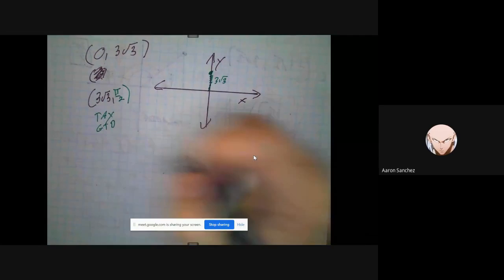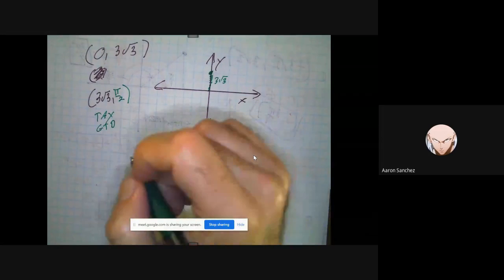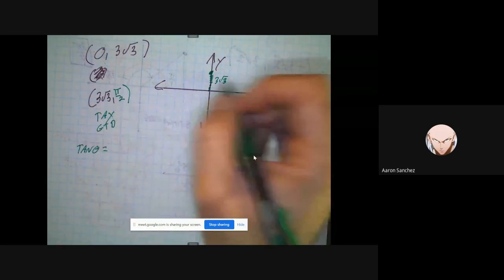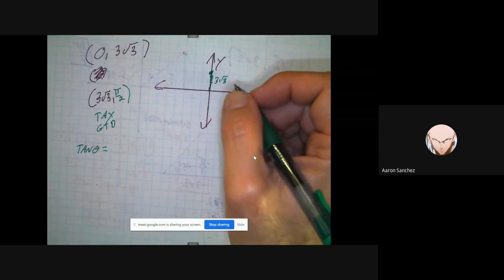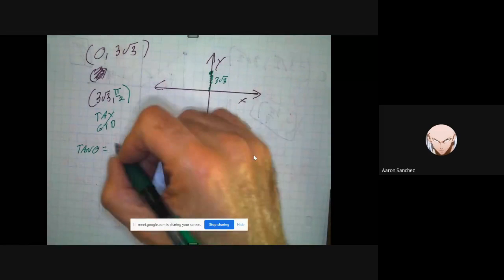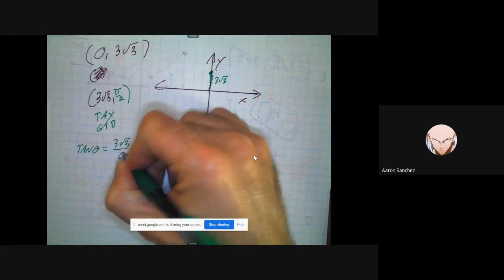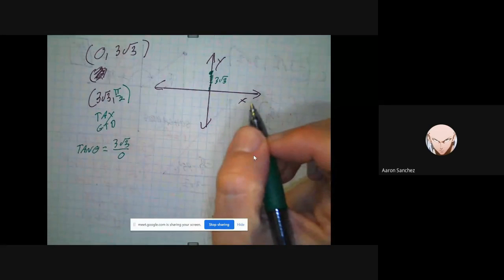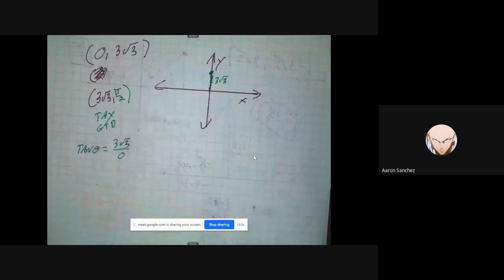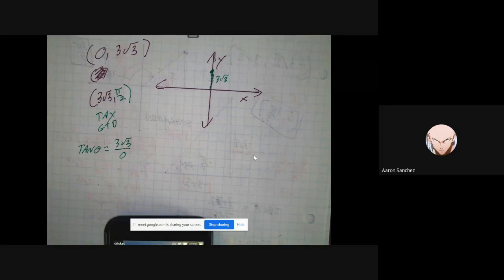Tan theta equals opposite over adjacent. I think it's 3 root 3 over 0. Would that work? I'm not sure how you would enter that. I don't have my calculator, my cell phone calculator. I think it's y over x.